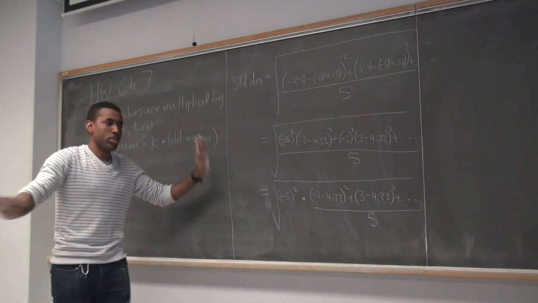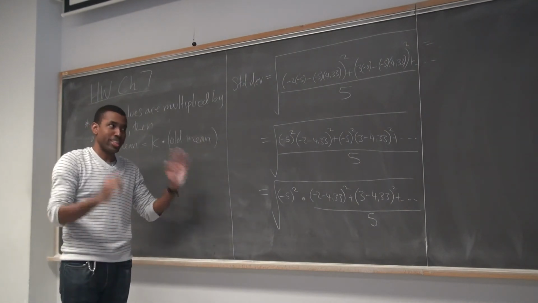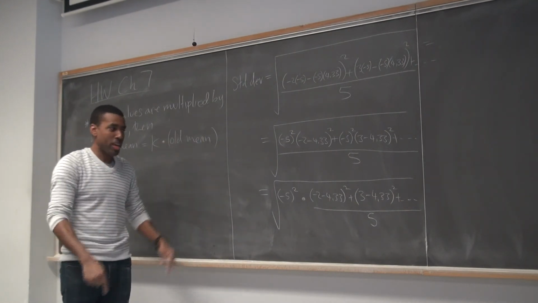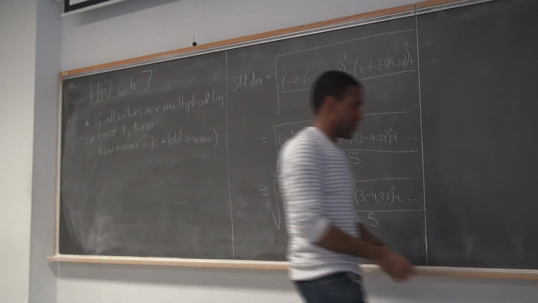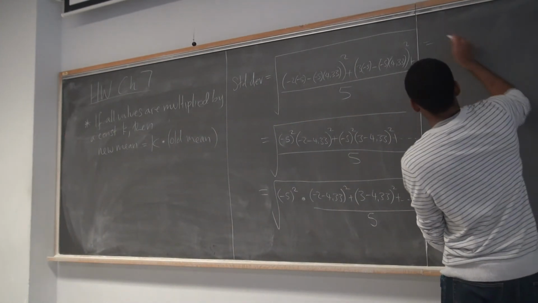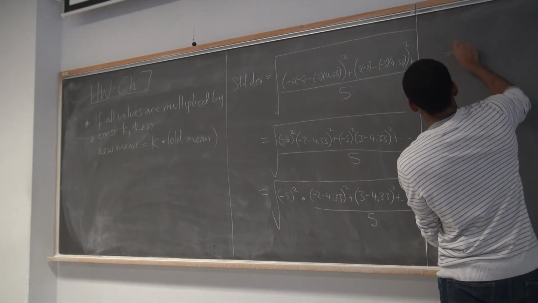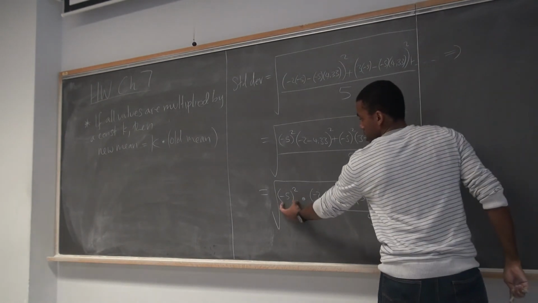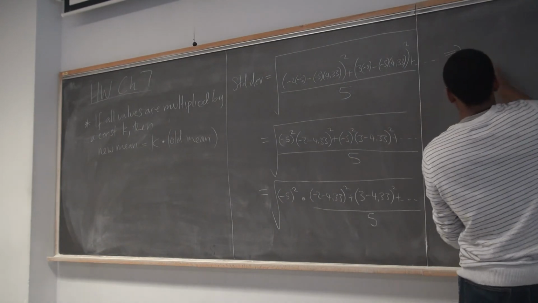Don't worry, you'll never have to do this again. Once you do this once, you get the general rule, and then you apply it all the time. I'm not going to ask you to derive this. You should just know this from now on. So this means I can now take this and factor it out of the radical, right?